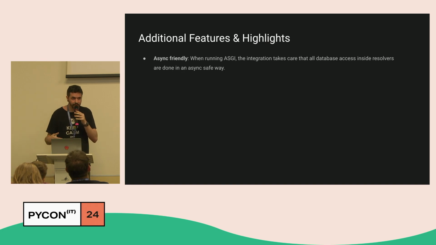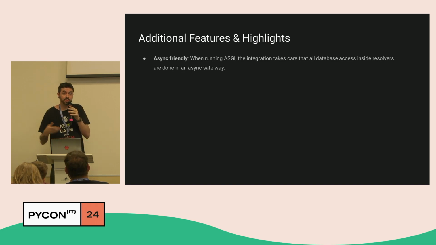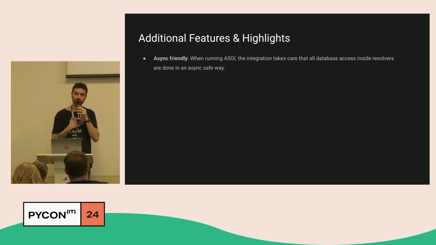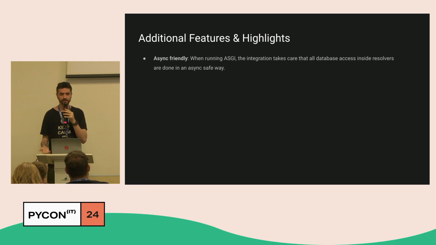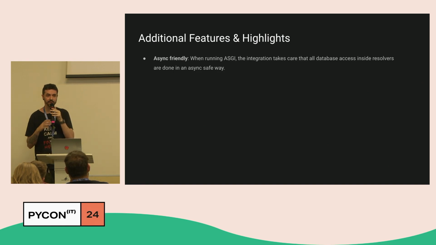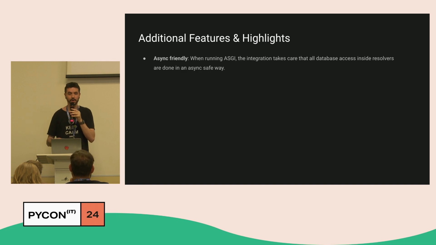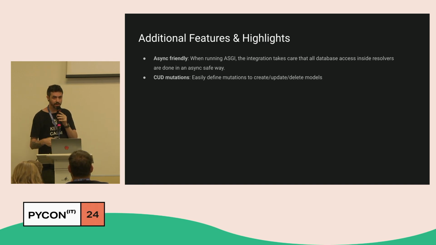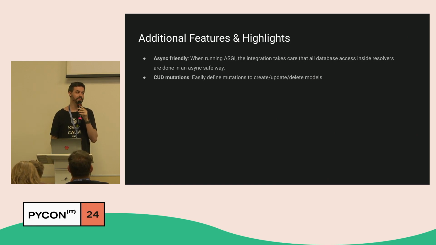So what are some additional features that are not going to be covered here? The integration is async friendly. As I mentioned, you can use it on the default Django, but now Django is all about async, so you can use it on ASGI as well. The integration also provides some mutations to easily create, update, and delete models.